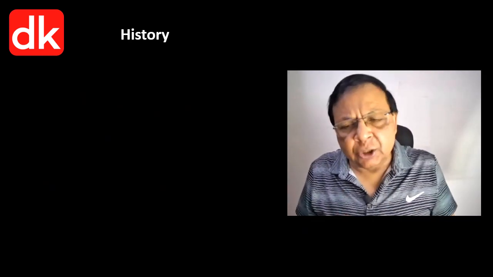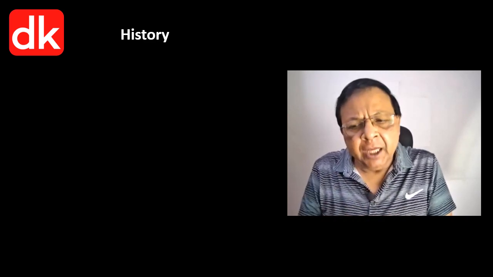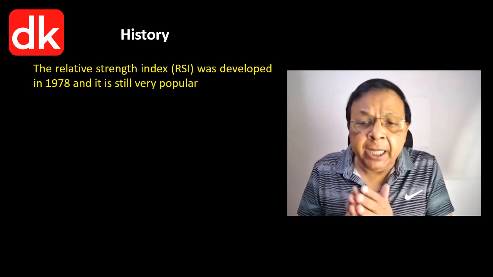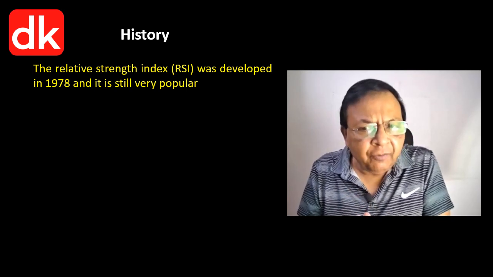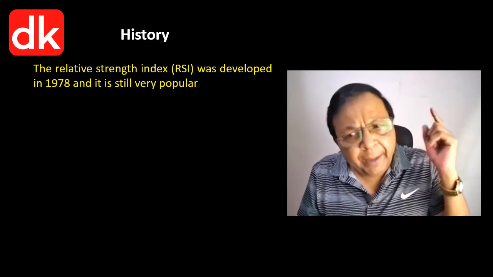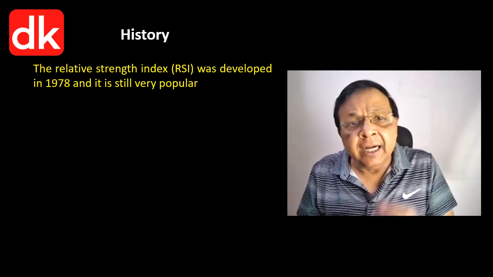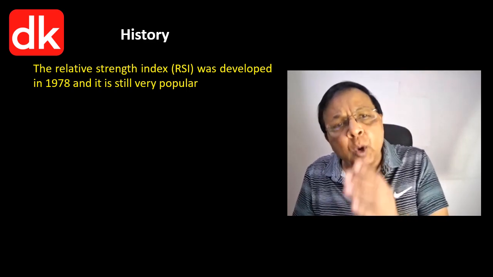So friends, let us briefly learn about the history of RSI. The RSI is a pretty old oscillator used in technical analysis. It was developed way back in 1978 and is still very popular among technical analysts the world over.